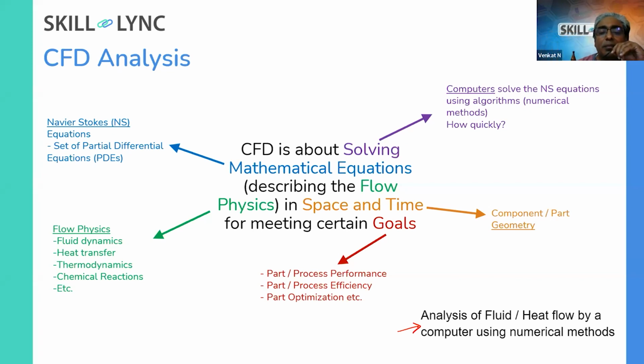And here, if I look at the mathematical equations and the flow physics, all of you are aware, right? If you take Newton's first law, F is equal to ma, that's a general physics-based concept, but very nicely put in mathematics, right?